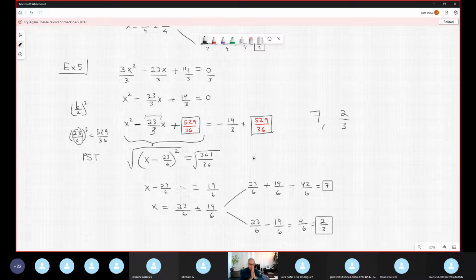Okay, entonces now, what is the algorithm? The algorithm is, first, step number one: divide by A, que es this coefficient. This is A, B, C. You divide by A, because I want to obtain a new equation where A is 1. Second step is I move the new C to the right hand side.